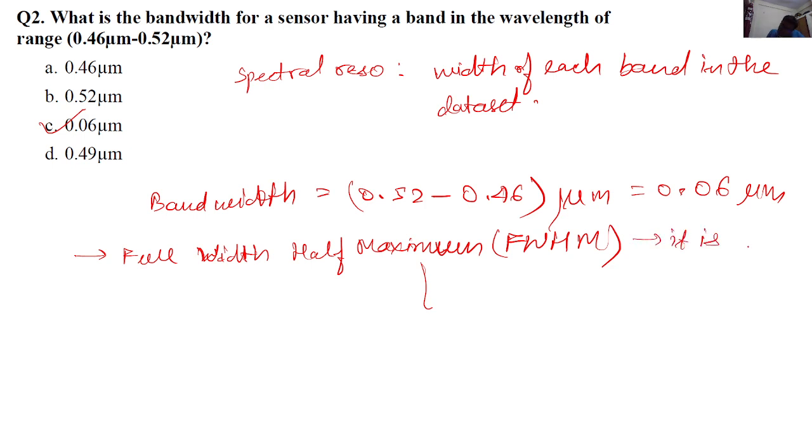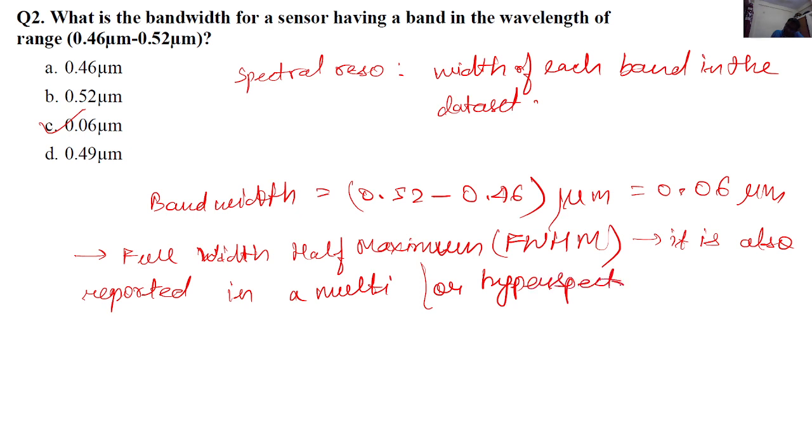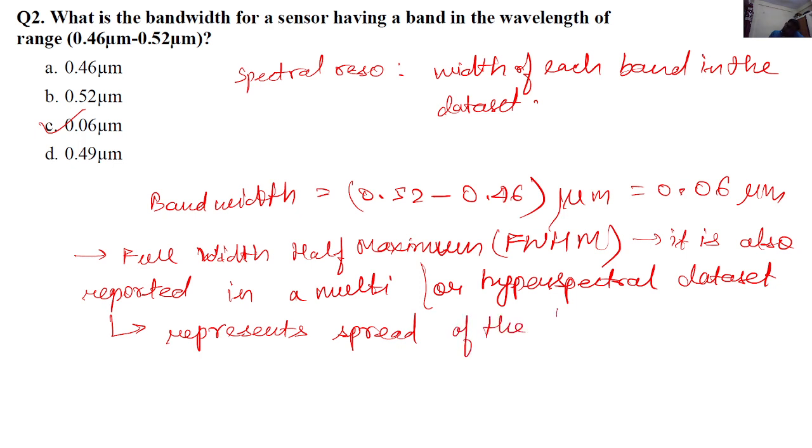It is also reported mostly for hyperspectral remote sensing features in a multi or hyperspectral dataset, and it represents the spread of the band around the center point.